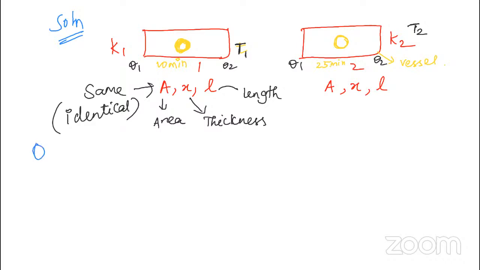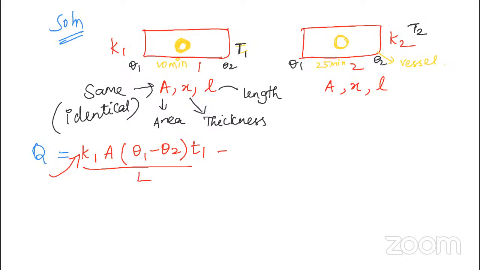For both vessels we write the rate of heat flow, that is Q by T. So Q is equal to K1 A into theta 1 minus theta 2 into T1, divided by L. The T1 from Q by T we have brought up here. Similarly, Q is equal to K2 A into theta 1 minus theta 2 into T2, divided by L. The quantities that are common we can neglect.